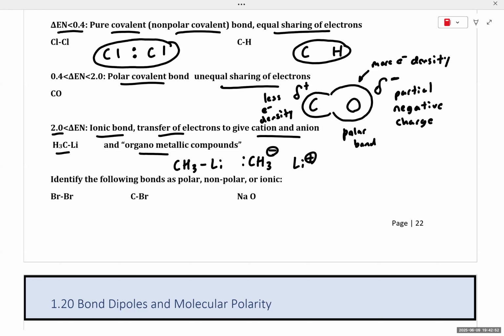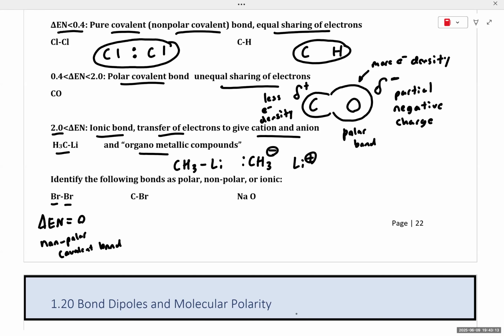So first and foremost, let's look at the bromine-bromine bond. These are 2 bonds between the same atom. The difference in electronegativity is 0. So this is a nonpolar covalent bond.